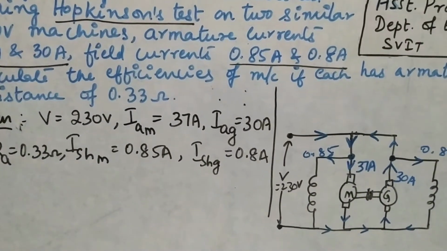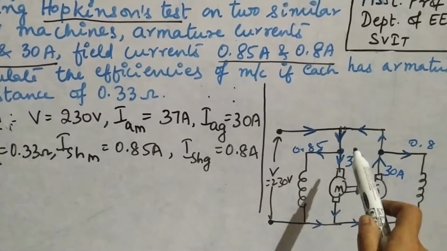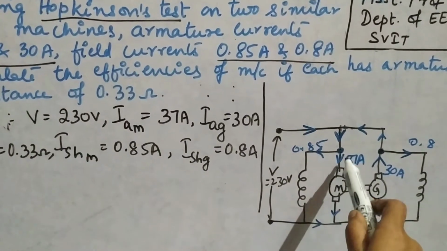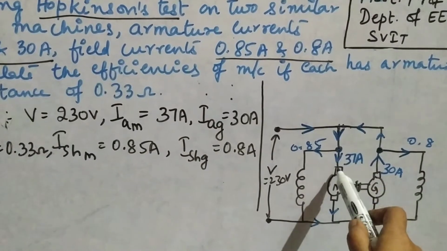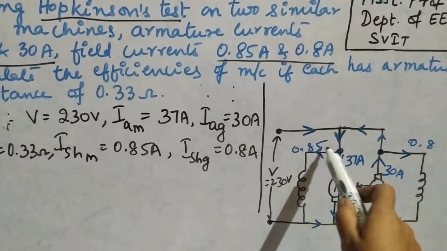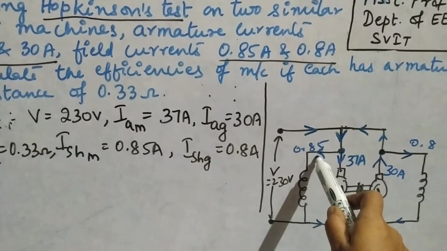How can you determine it? See, at this node, the currents leaving out are 37 and another current 0.85.